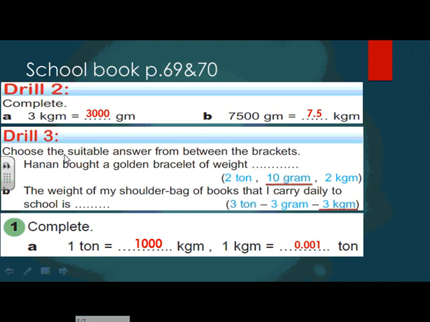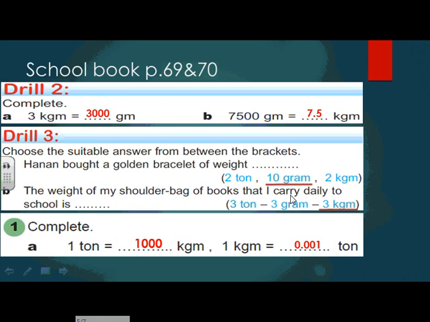Now, I'm going to choose the suitable answer from the brackets. Hanan bought a golden bracelet of weight 2 ton, 10 gram, or 2 kilogram. If I'm going to weigh a bracelet, golden ring, whatever the jewelry, I'm going to use the gram.